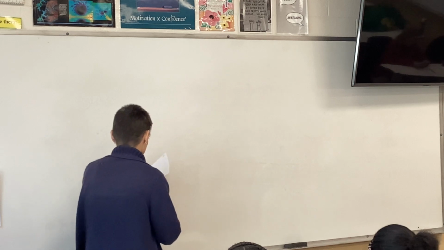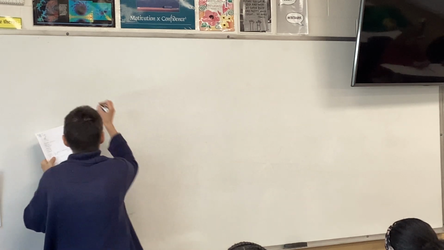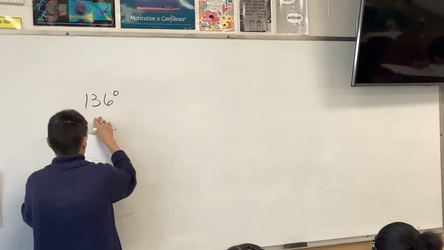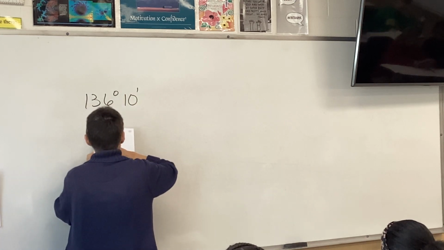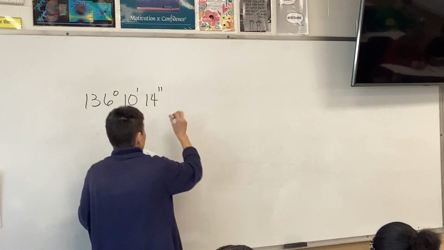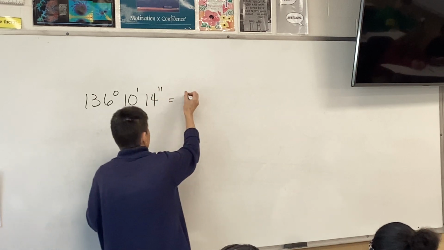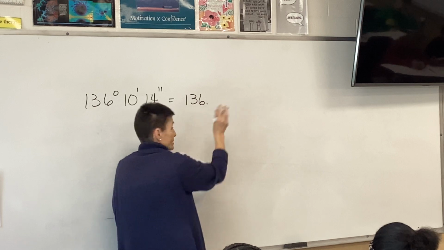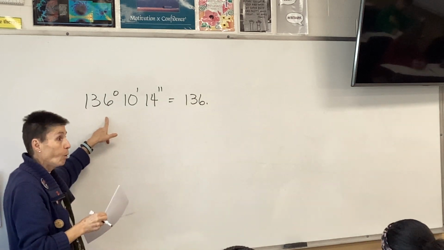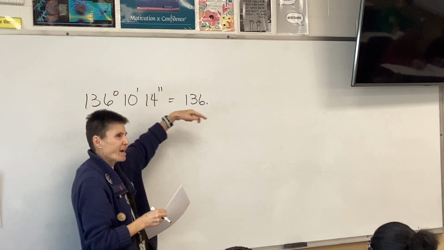So get your calculator out. This is 136 degrees, 10 minutes, and 14 seconds. So would you all agree that my answer is gonna be 136 point something? Because it's 136 whole degrees, and then some fractional pieces.